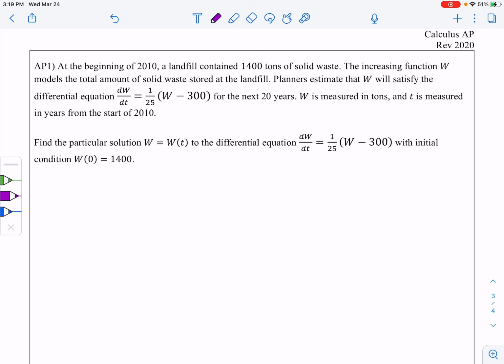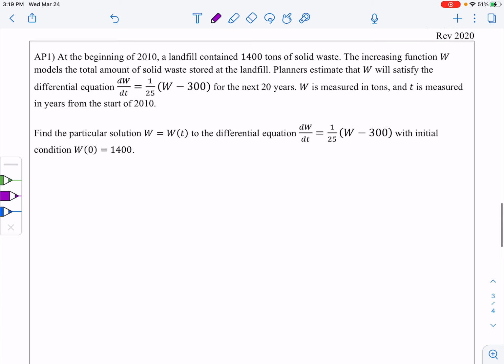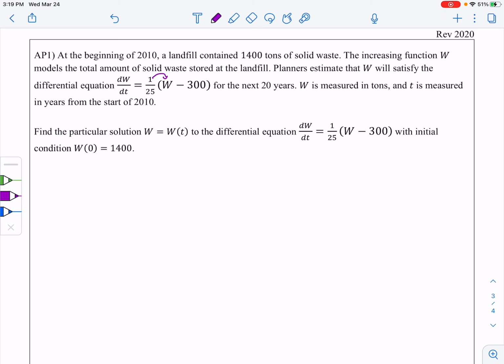All right. One thing I'm going to warn you about before I work this is some people like to distribute this. So you get dW over dt equals W over 25 minus 12.